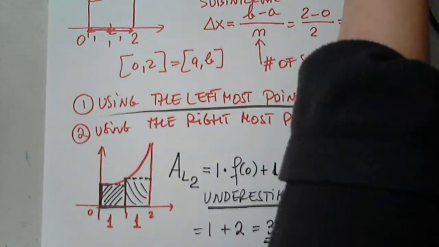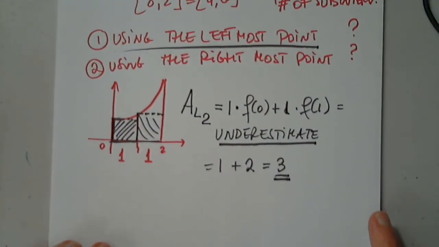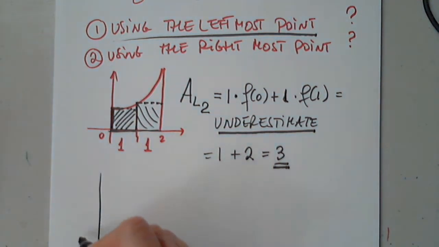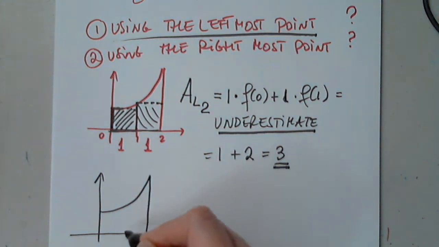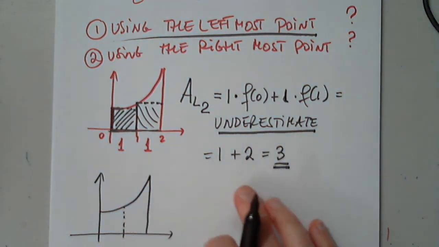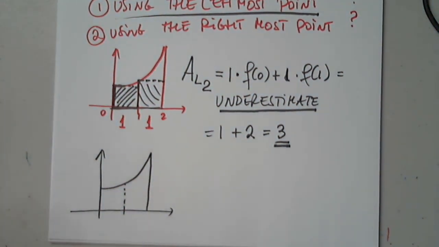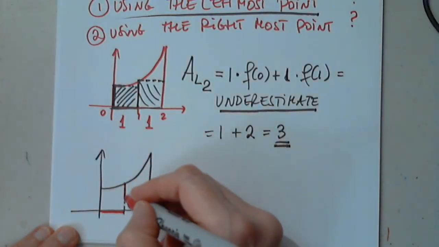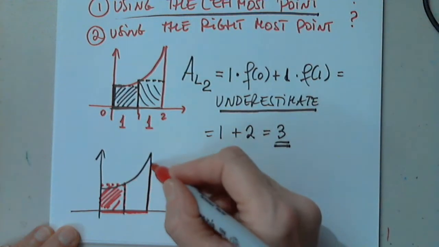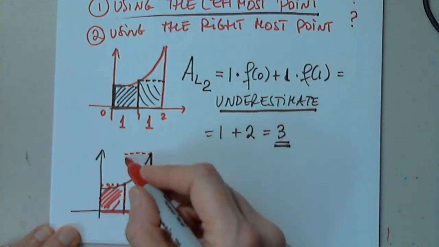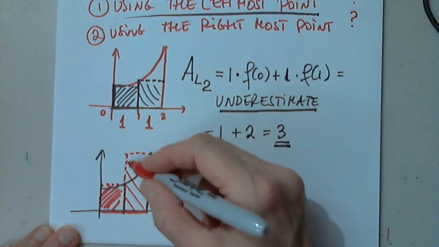Okay. How do I do it with the rightmost point? I don't want to put it there because it would be difficult to see. Okay, now with the rightmost point. Base times height, because I can only calculate rectangles.